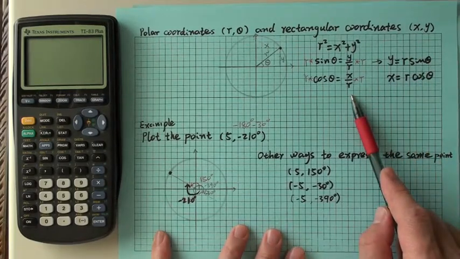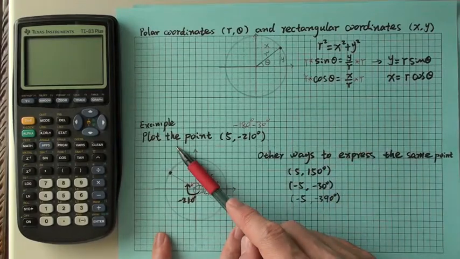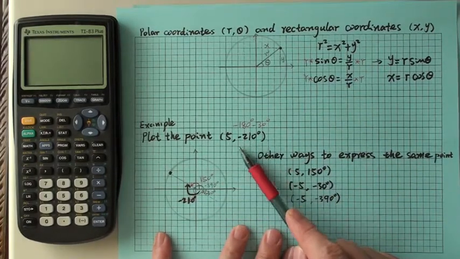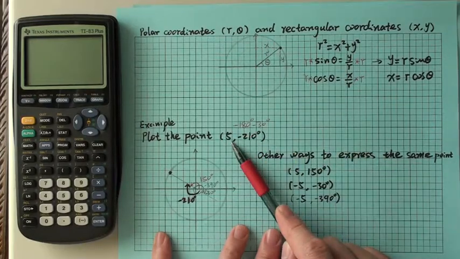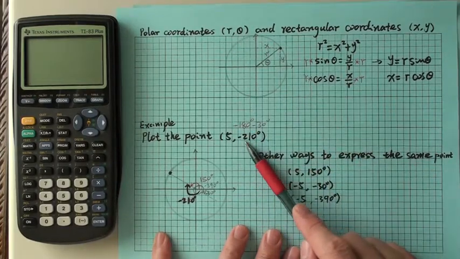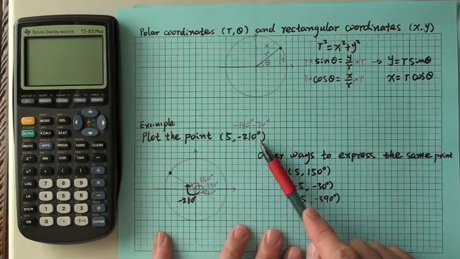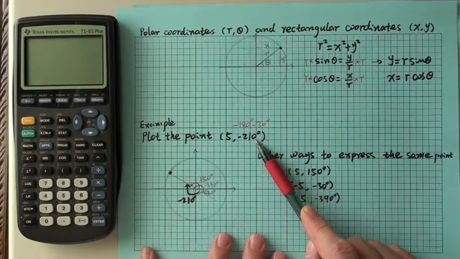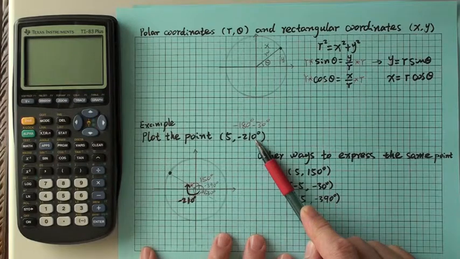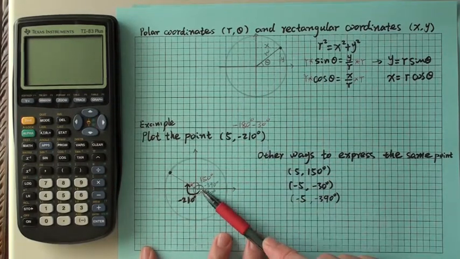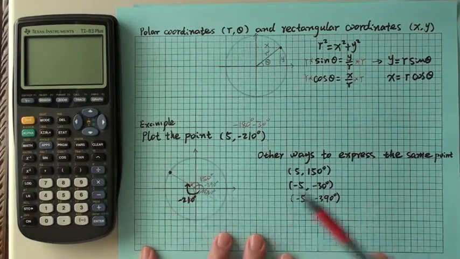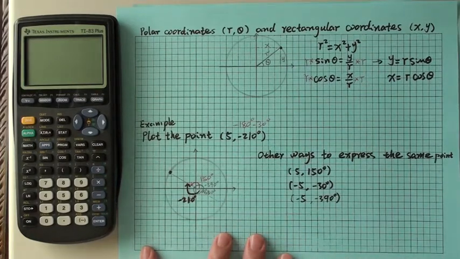Alright, now here is the example. Plot the point. You see r is 5 and theta is negative 210 degrees. We know first of all negative means clockwise.